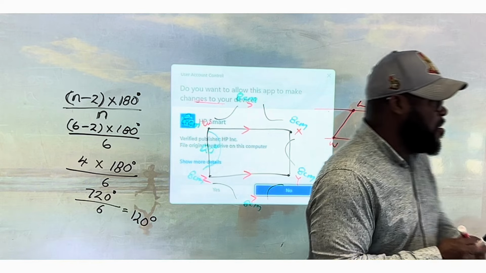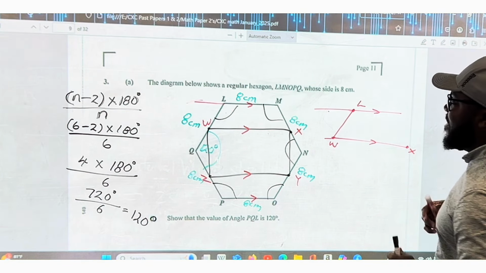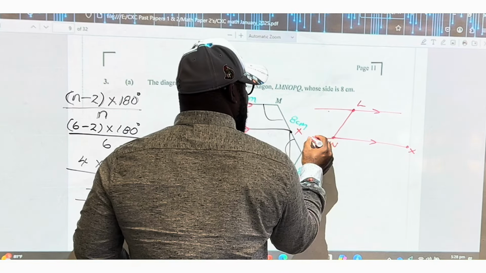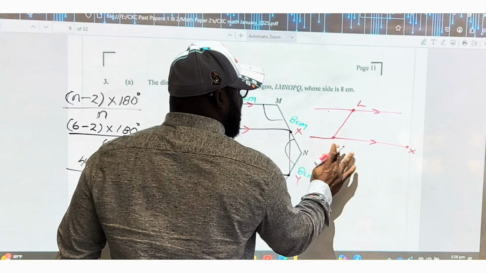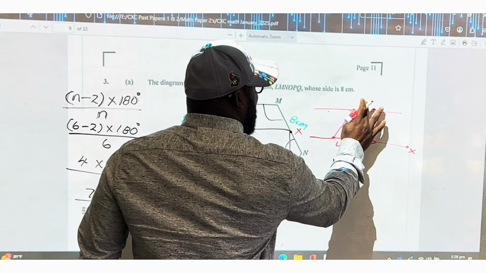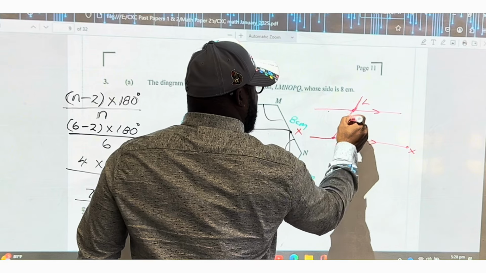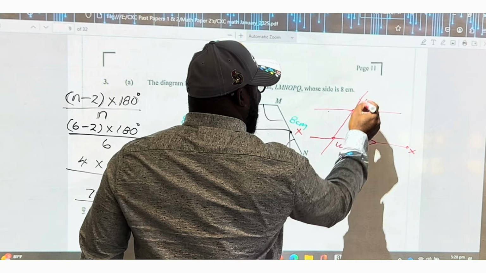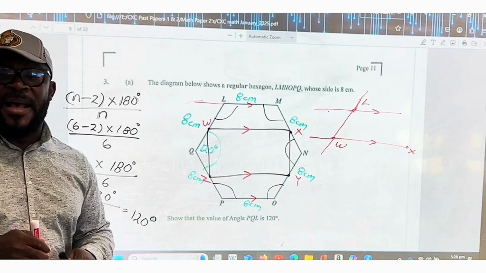Guys, what is happening here? You have two parallel lines cut by what?